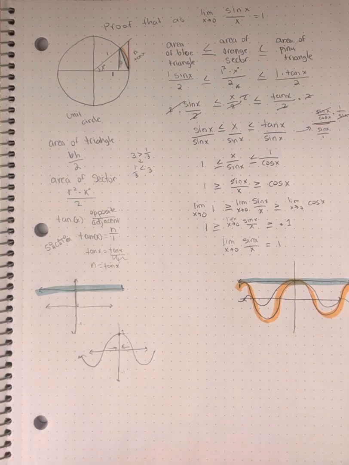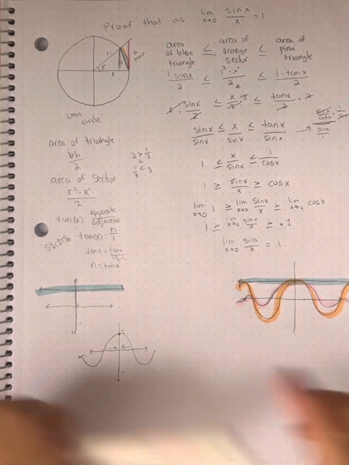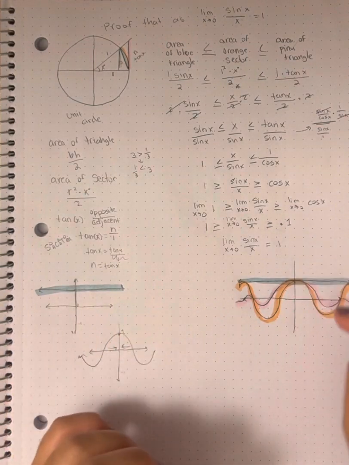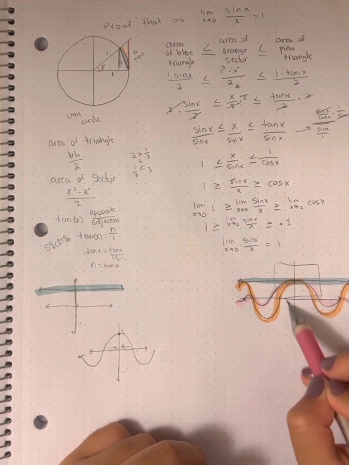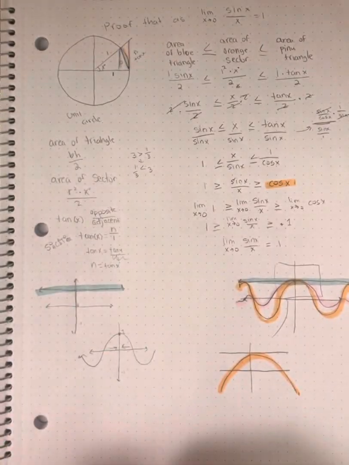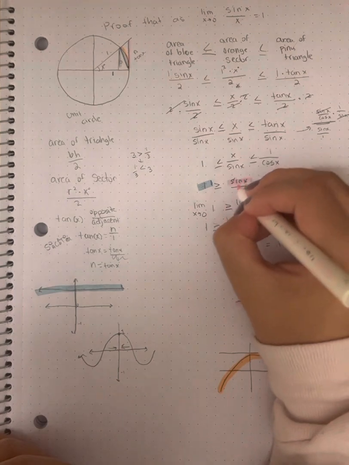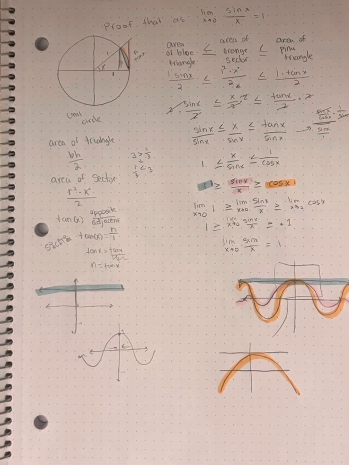Now this looks really confusing as a big picture, right? You don't know what's going on. But I want you to just zoom in a little on this part. If we zoom in, this is our cosine of x function, this is our 1 function, and then this is our sine of x over x function, right?